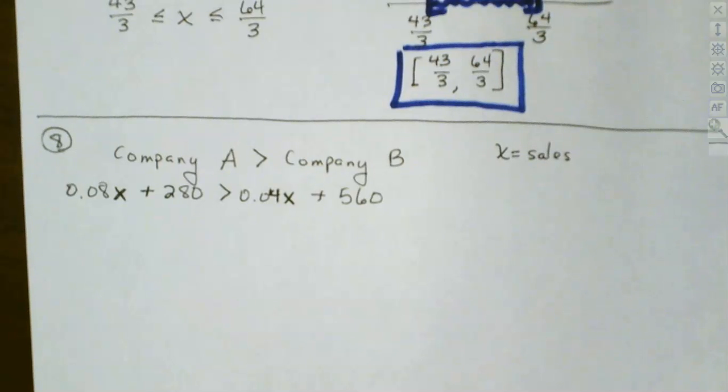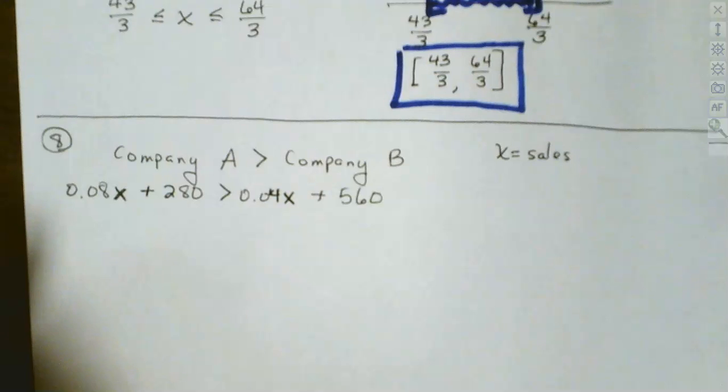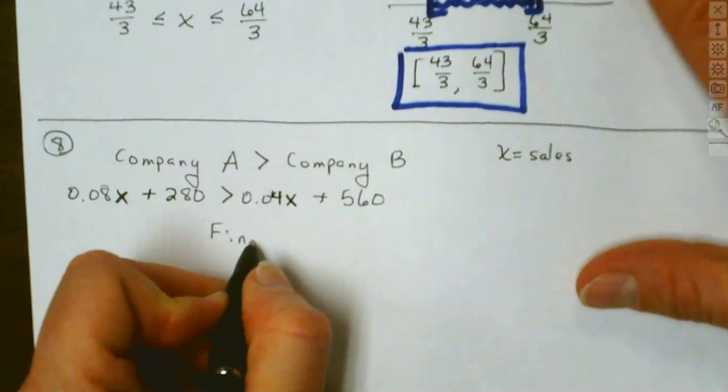Does it make a difference whether it is 280 plus 0.08x? No, it doesn't. I usually write the X first, but it doesn't matter. You can write the 280 first. So you just move that 0.04 over with subtraction, and you move that 280 over with subtraction as well. And you should be able to finish it from there.